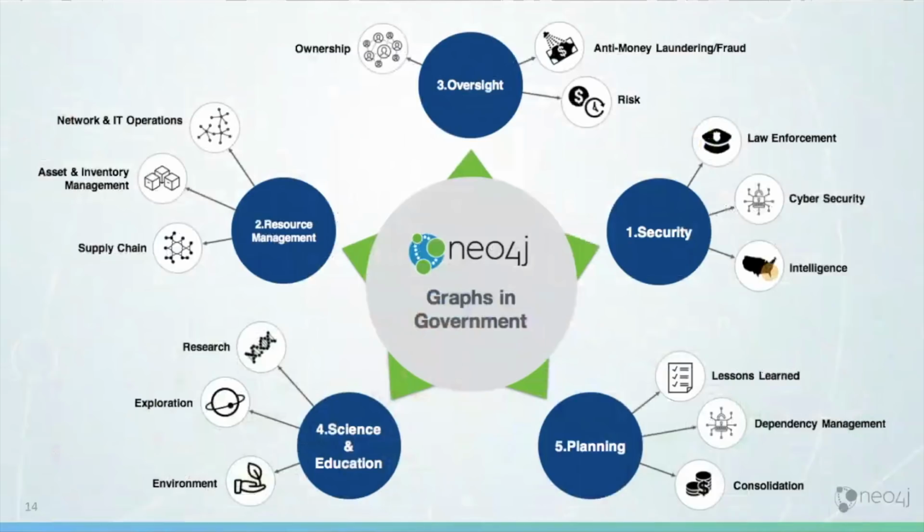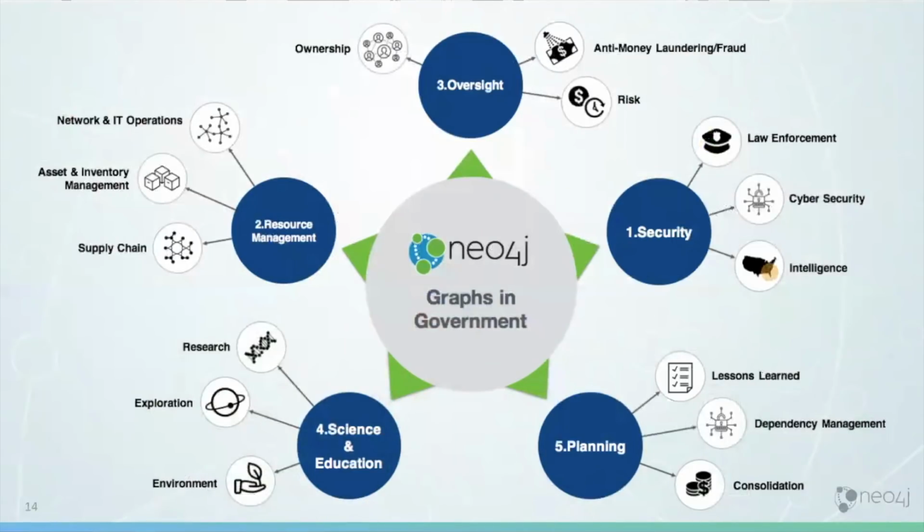And then more specifically, Neo4j has a lot of use cases where our graph database technology is used in government. We're really going to be focusing today on point number one, security and law enforcement, but that can also include cybersecurity, and there's really a wide range of other use cases for government: research, environment, planning.